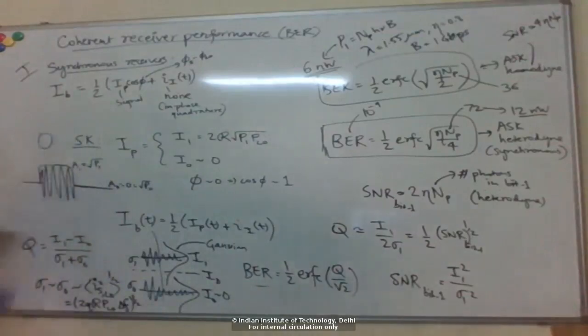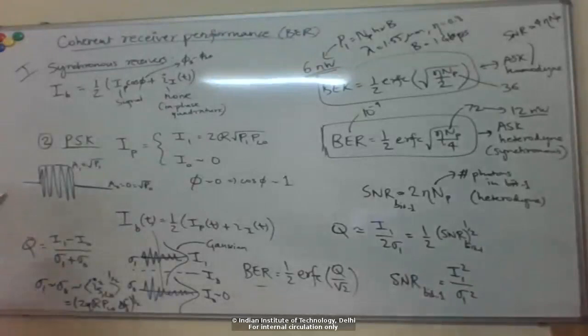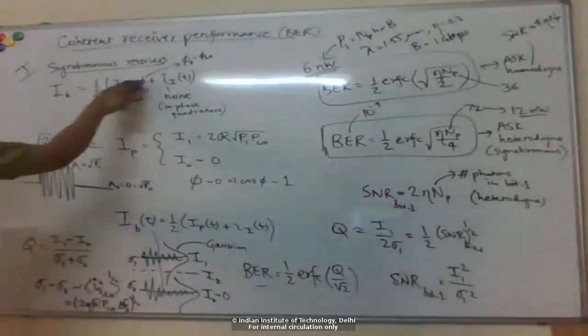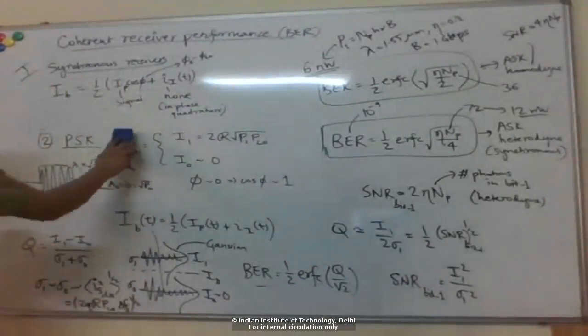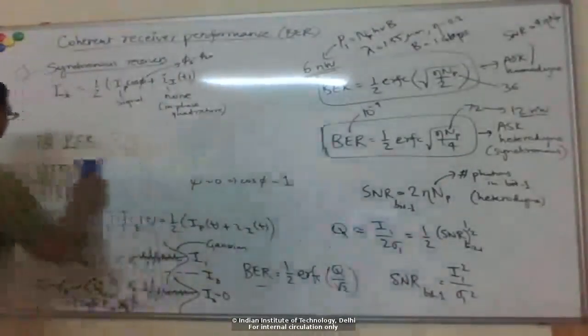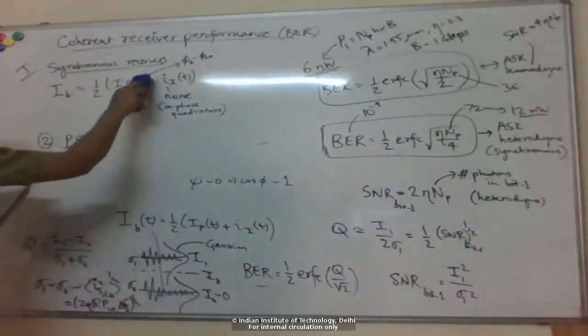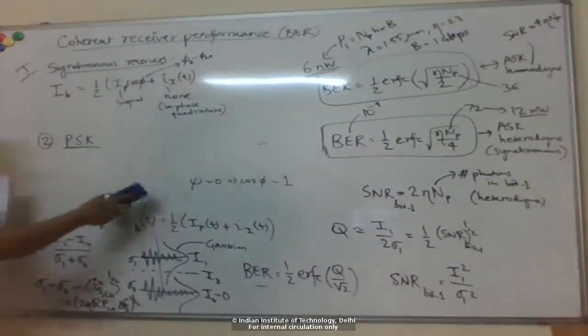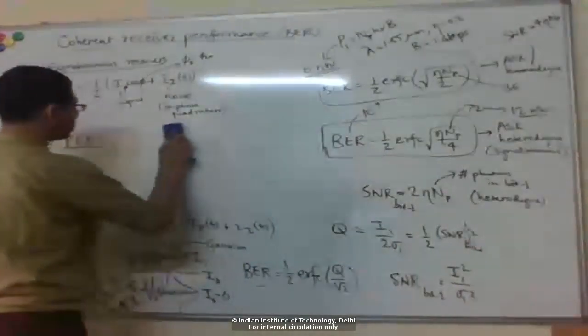For example, phase shift keying. If we start from this expression here, now the information is encoded in the phase. This amplitude IP is the same for both bit 0 and bit 1.